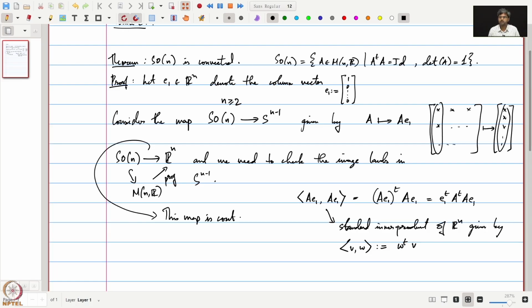But now A is in SO(n), which means A transpose A is identity, so this is equal to E1 transpose E1, which is just equal to 1.